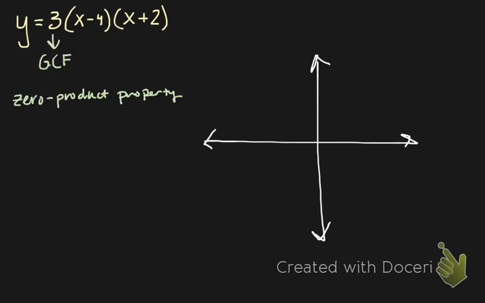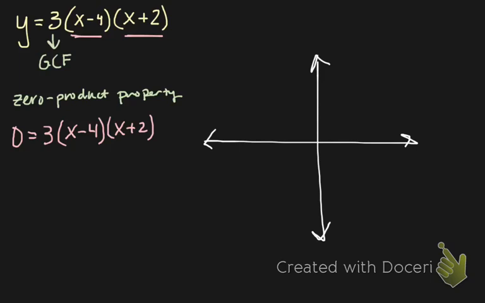And all the zero product property is doing is it's telling us to take each one of these binomials separately and set them equal to 0. Because when we are solving for the x-intercepts, our y coordinate point is going to be 0. And so we really have 0 equals 3 times the quantity x minus 4 times the quantity x plus 2.